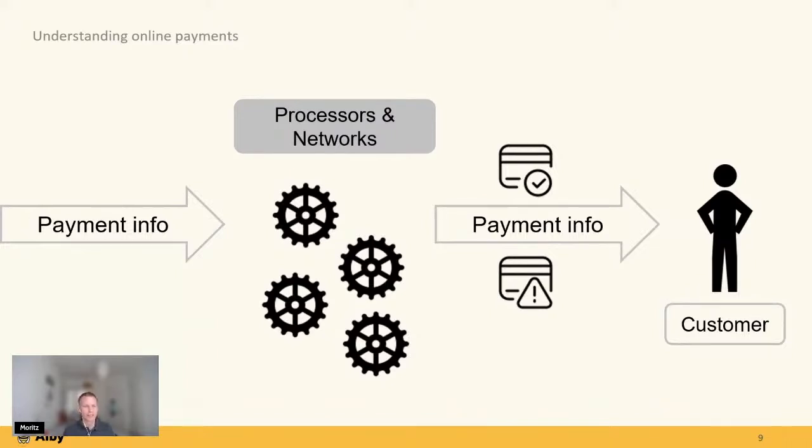That decision then shoots back to your customer, so all these activities take place in a few seconds. But it doesn't mean that you as a website operator or merchant already have the money in your account in that same time.